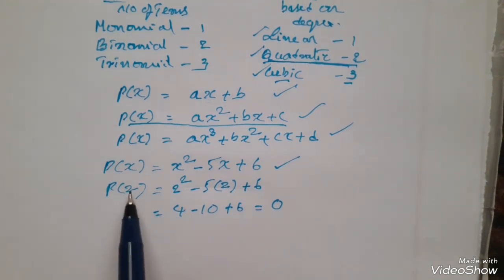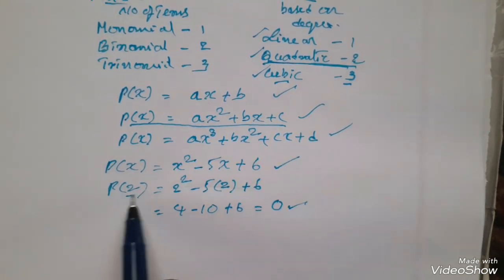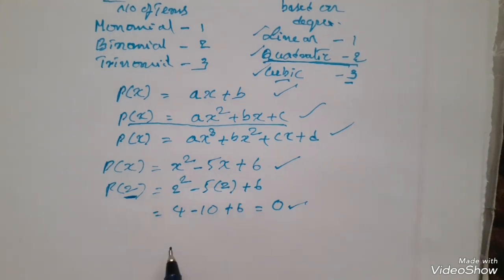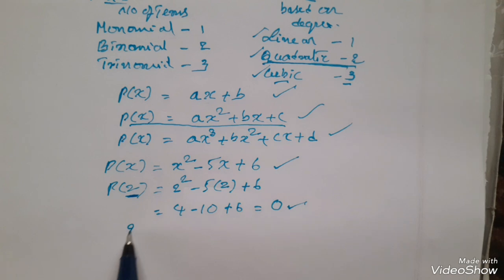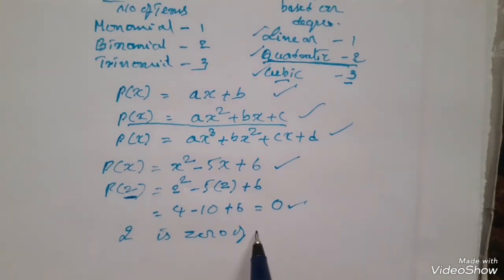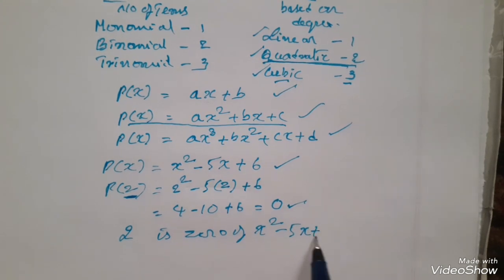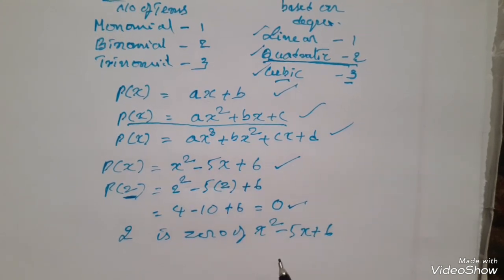For what value of the variable the polynomial becomes 0, that value is called the zero of the polynomial. So here 2 is a zero of the polynomial x squared minus 5x plus 6.